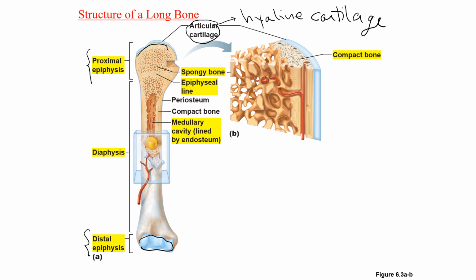The tissue found underneath is spongy bone tissue. The surface of the epiphysis is made of compact bone tissue.